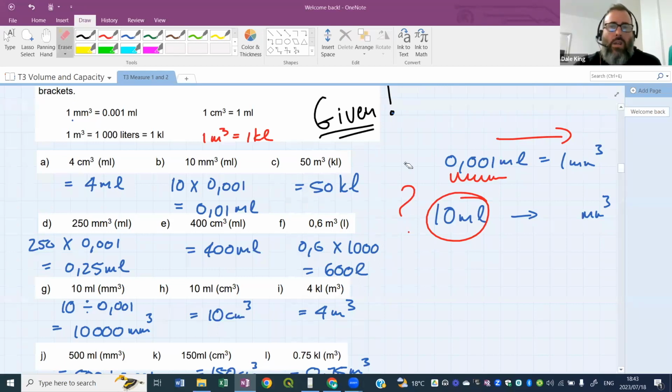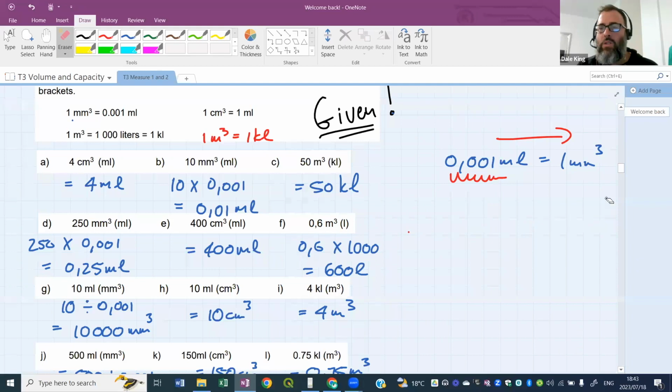I use that method for conversions because they can change this around. I mean, this relationship here that you see on the screen, they can change to this. These two things are exactly the same relationship.